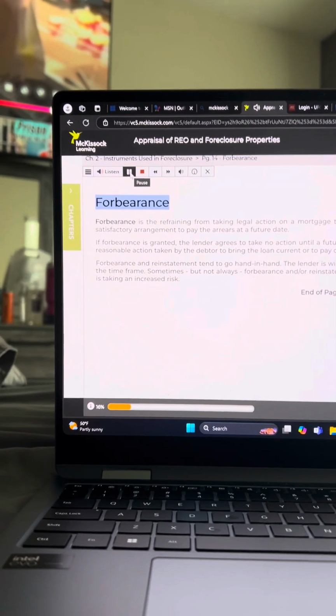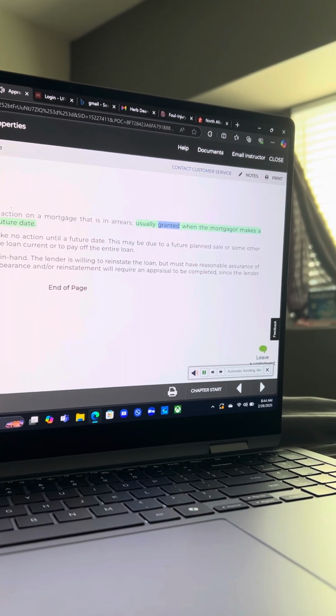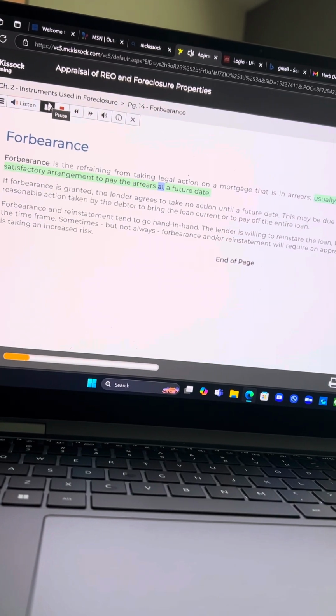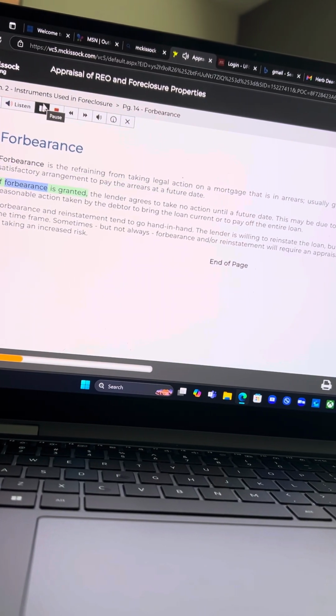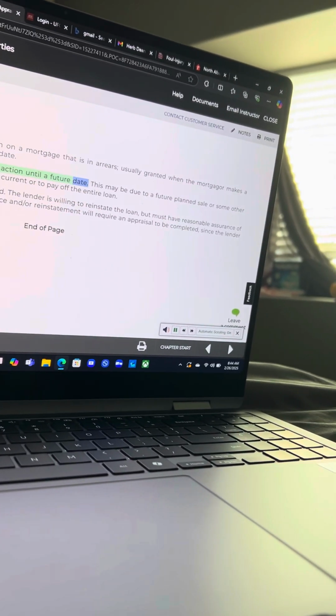Page 14, forbearance. Forbearance is the refraining from taking legal action on a mortgage that is in arrears. Usually granted when the mortgagor makes a satisfactory arrangement to pay the arrears at a future date. If forbearance is granted, the lender agrees to take no action until a future date.